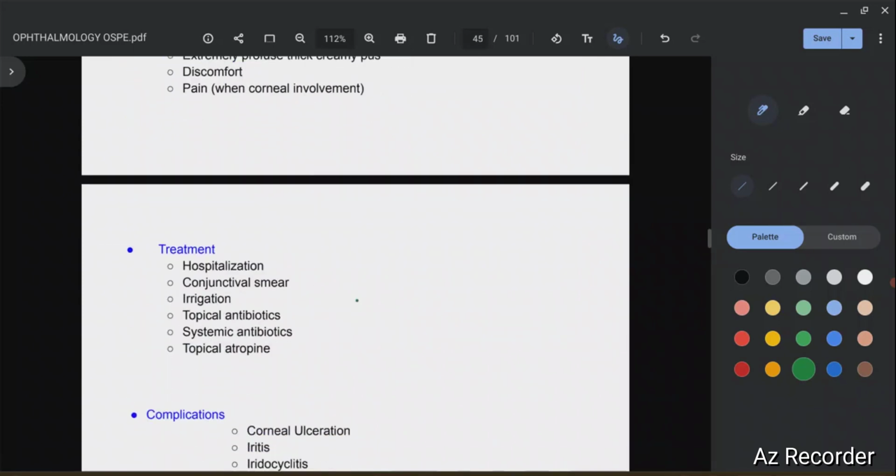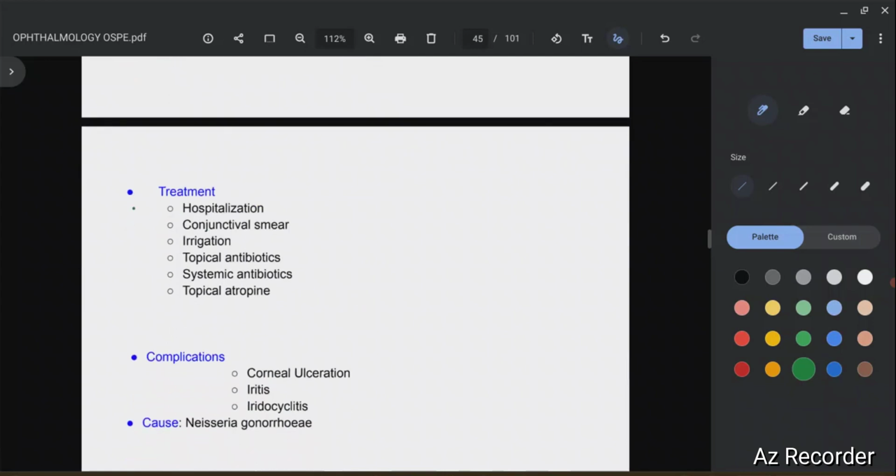What treatment options do we have? Some people say that you should hospitalize the patient, take a conjunctival smear and send it for culture and sensitivity to see if this is actually gonococcal conjunctivitis or not. Irrigation is very important. Remove all of that profuse mucopurulent discharge. Topical antibiotics, systemic antibiotics, and topical atropine are very important.